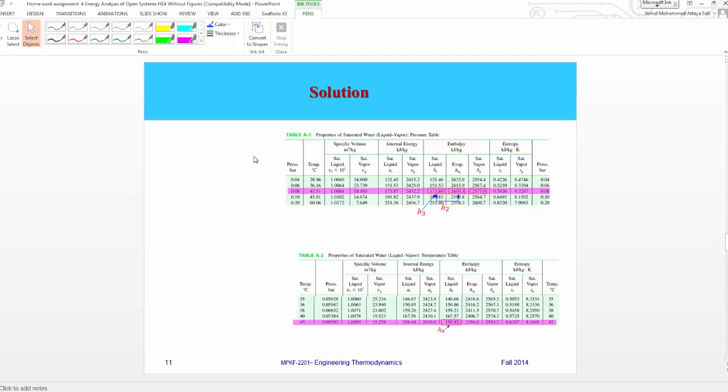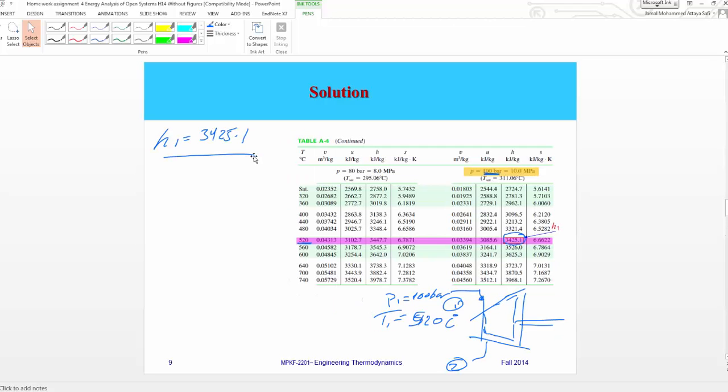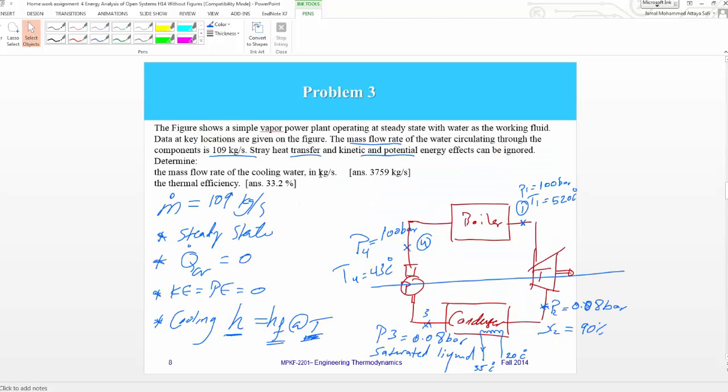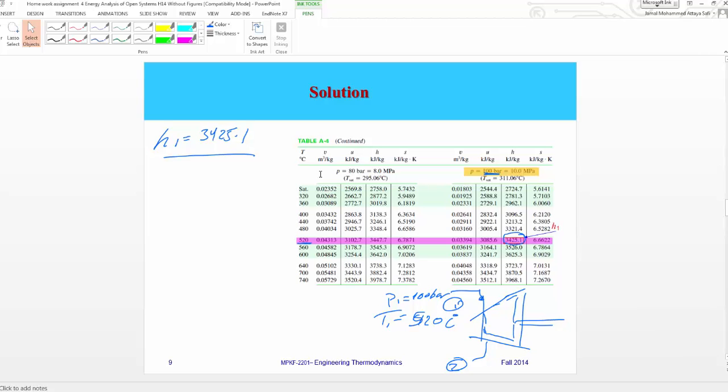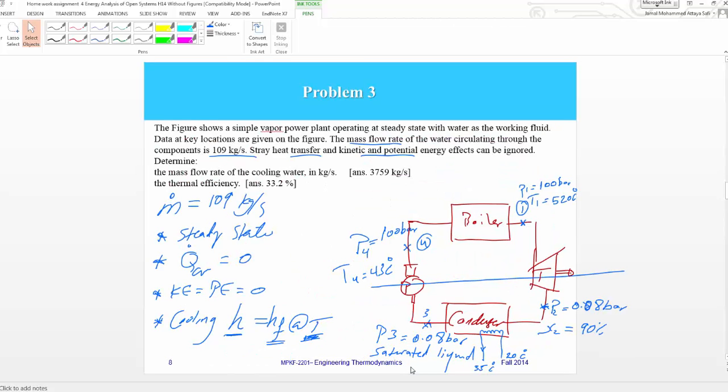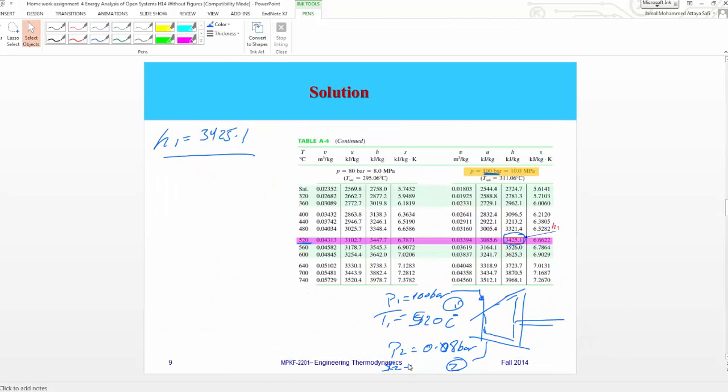Now H2, what is H2? Remember, at 2 we have P2 is 0.08 bar, and we have X2 as 90. So what we know here is that P2 is 0.08 bar, and then we know also that X2 is given as 90.